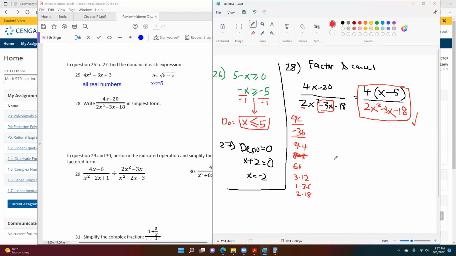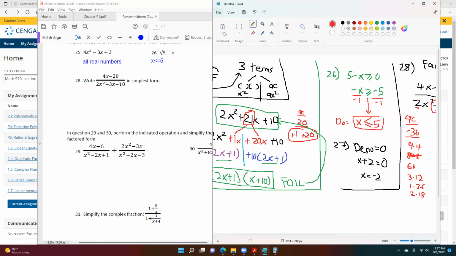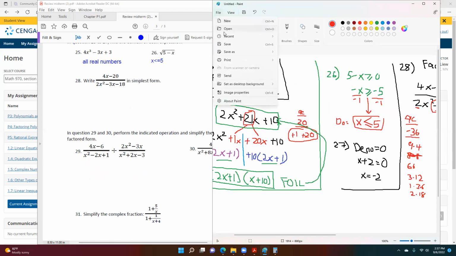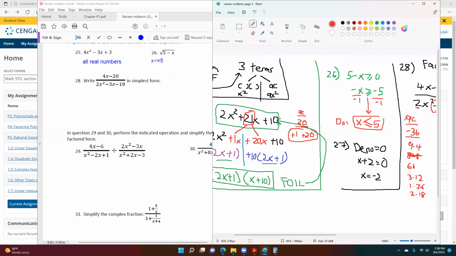Anyone? Questions? How do we do question 29? Well, first you have to flip the right side, right? So change the division to multiplication, and you have to flip the second fraction. That is always the first thing you do.